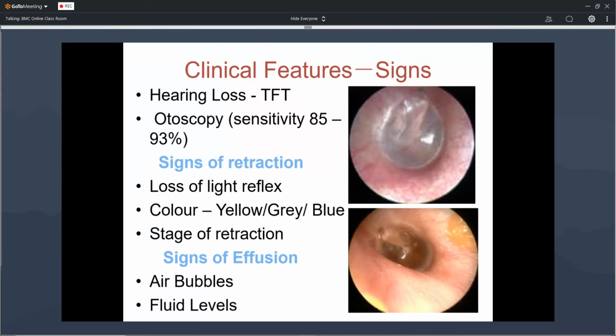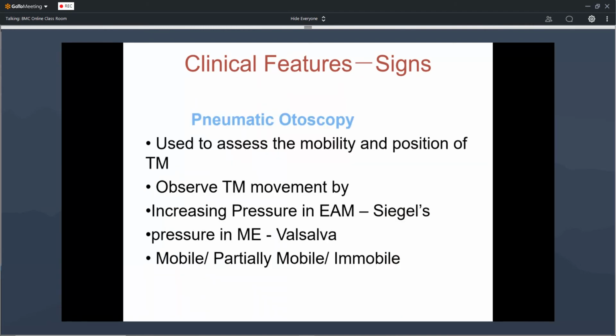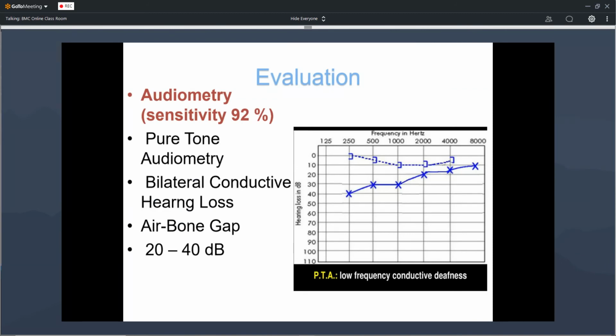So on pneumatic otoscopy, you have to apply pressure in the external auditory canal by using the Siegel speculum. So you can see the movement of the tympanic membrane. So in non-suppurative otitis media, there is decrease in movement of the tympanic membrane because of the fluid in the middle ear cavity. So one more method to see the movement of the tympanic membrane is the Valsalva maneuver.